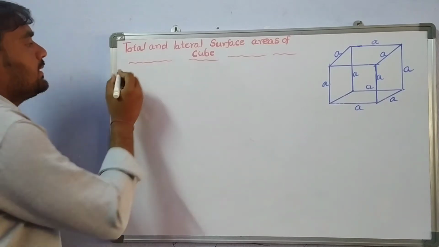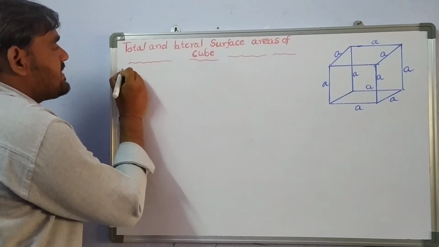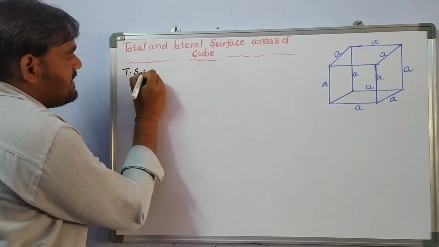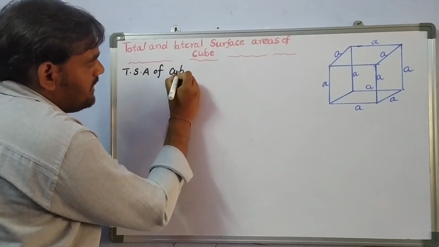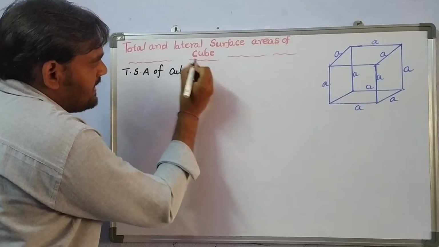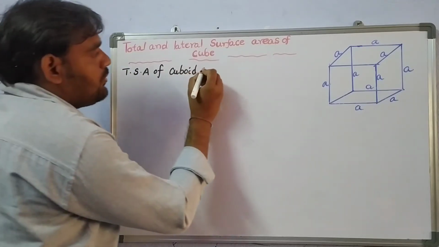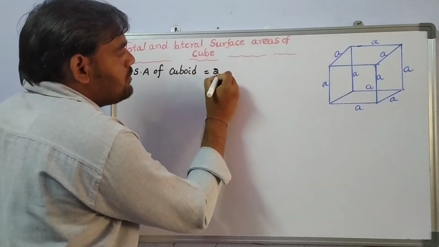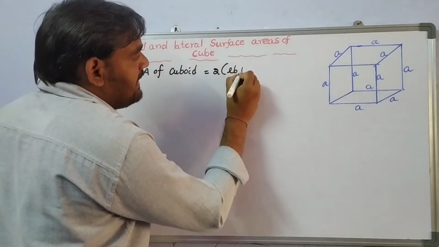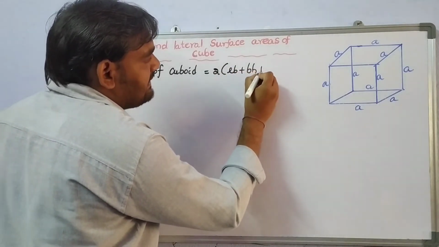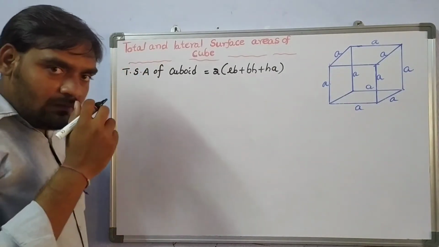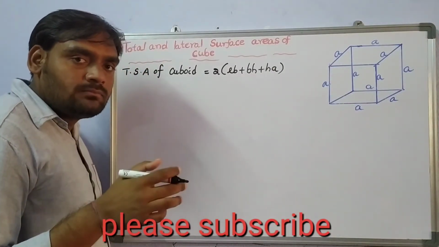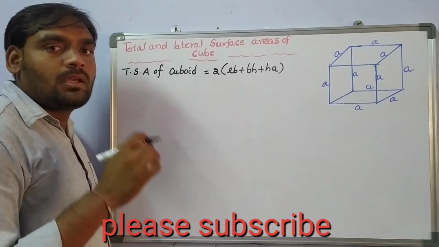TSA of cuboid, TSA meaning total surface area, is equal to 2 of LB plus BH plus HL. I told you a cuboid in which length, breadth and height are the same is a cube.